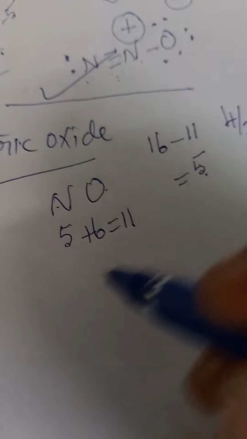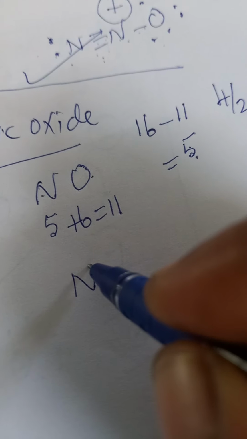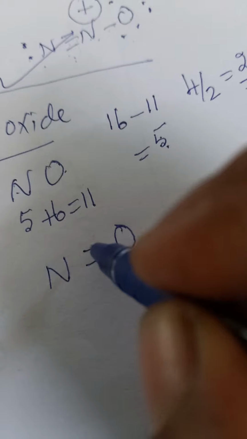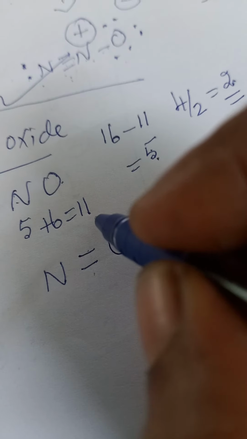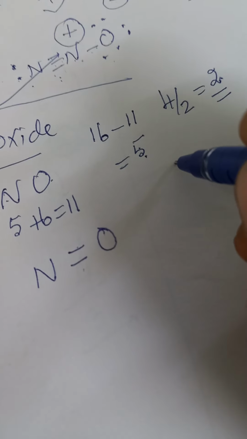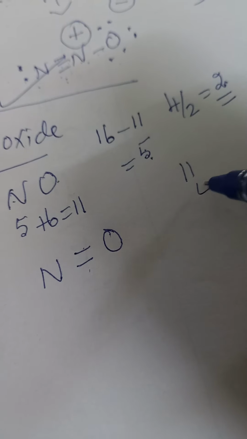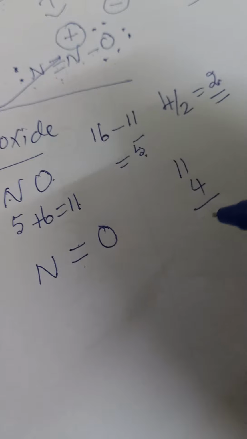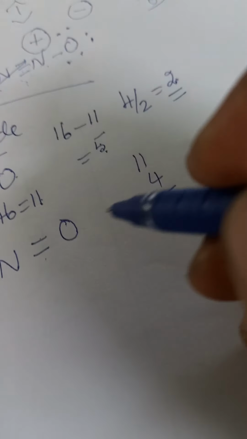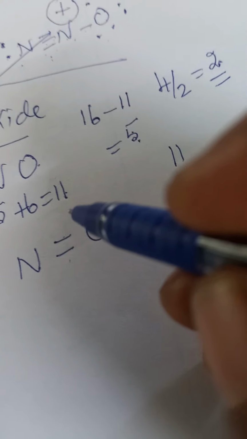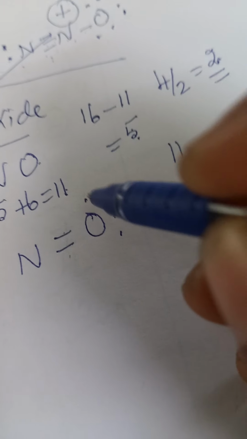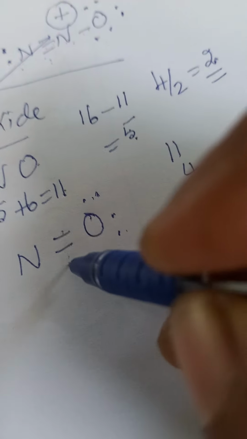2 bonds, N double bond O. Double bond, 4 electrons have gone. So 11 minus 4, 7 available electrons. Among the 7, 2, 4, 2, 4, 6, 8.